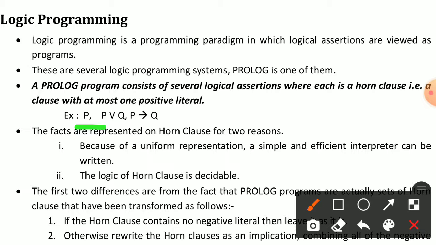Here the uniform representation means we can follow the basic rules, and then we can find a simple and efficient interpreter and write the facts.